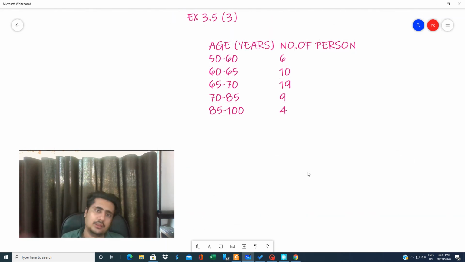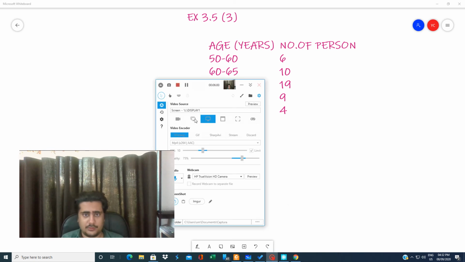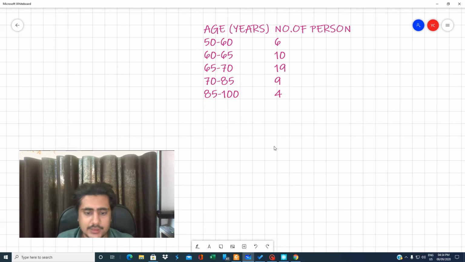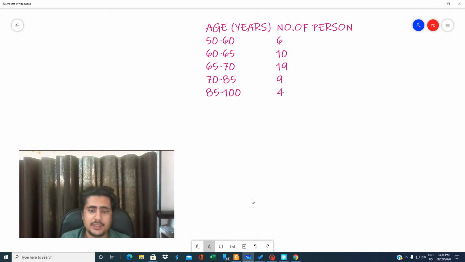As I told you, we will be finding the mode with the empirical formula. That means we will be finding the mean and median. So I'll start with the median. I'll be finding median first.